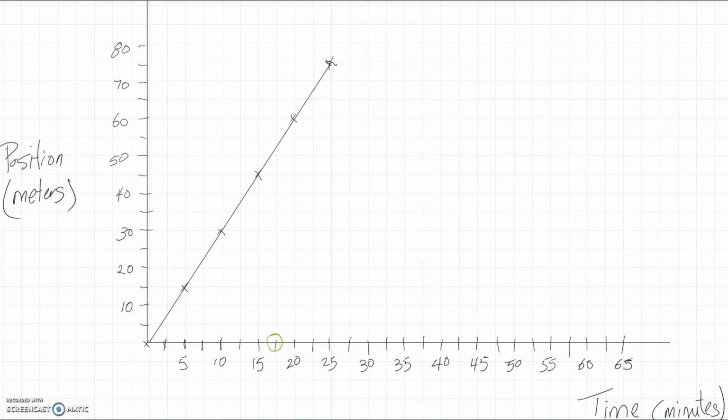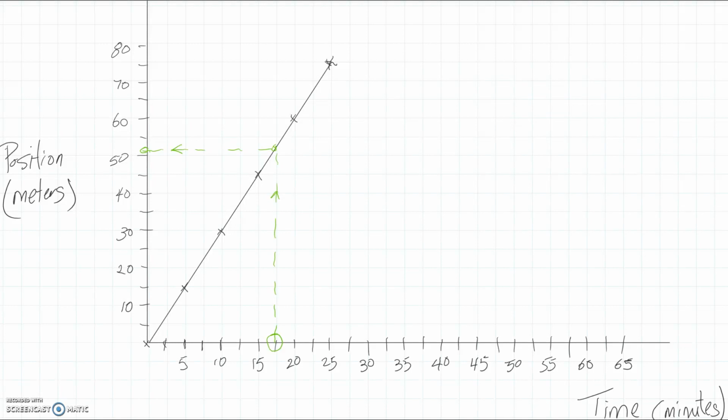So in order to figure out what the position of the car would be after 17.5 minutes, we would locate 17.5, follow that line, and you would use a ruler going all the way up to our trend line, right? Once we hit the trend line, we would go across to our y-axis, and wherever it hits the y-axis, that will be our position.